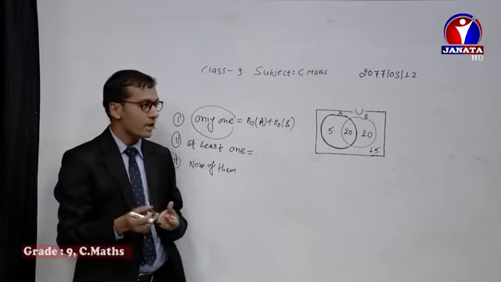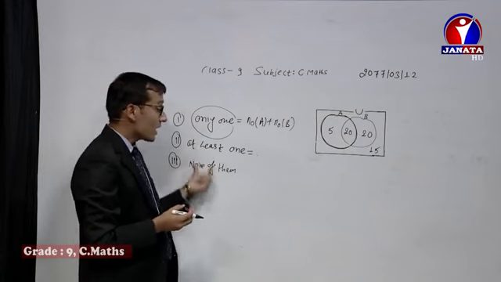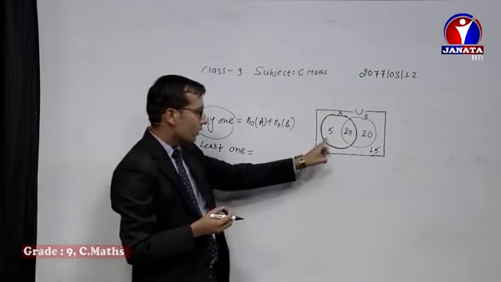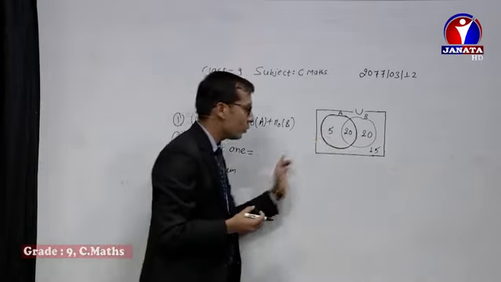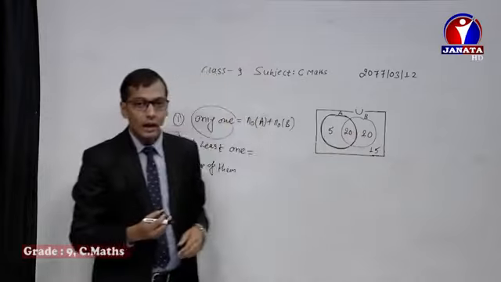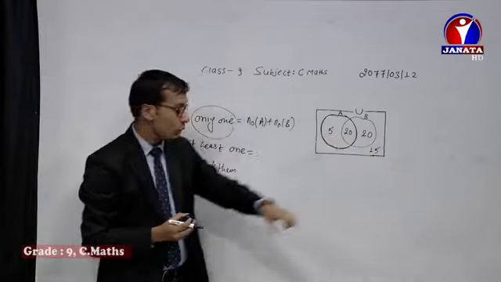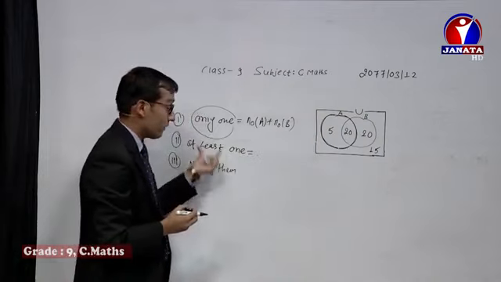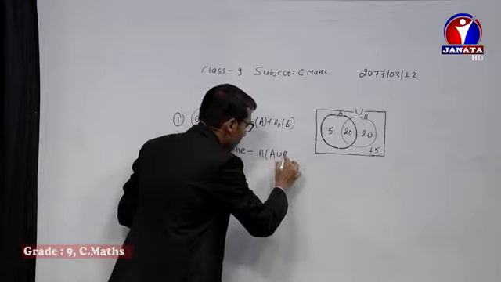What are the three different chances? A student can say I like only A, or I like only subject B, or I like both subjects A and B. So at least one is in fact n of A union B.